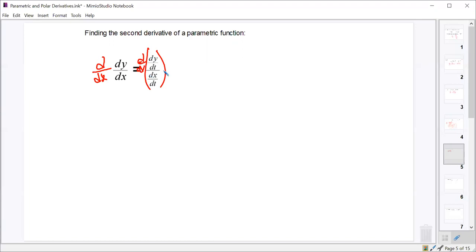And so in order to take the derivative of something that's in terms of t with respect to x, we have to first take the derivative of it with respect to the variable t, right? So we're going to take the derivative with respect to t of dy/dt over dx/dt.